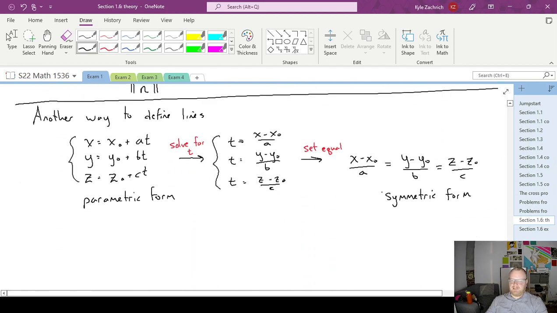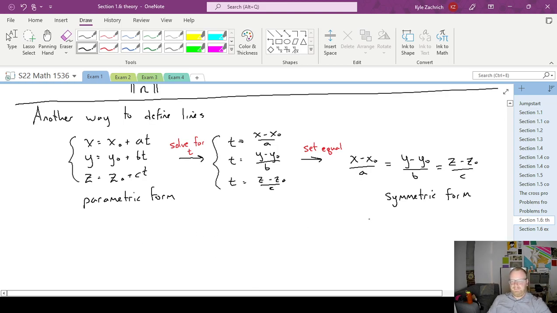And x, y, and z is going to be a little tougher with a three-sided equation. Another thing that I'm not fond of is, let's say that a is equal to 0, and that's totally fine. You could have a direction vector 0, 1, 1. That's a valid direction vector. Then you're dividing by 0, and you, of course, know we don't like doing that in math.